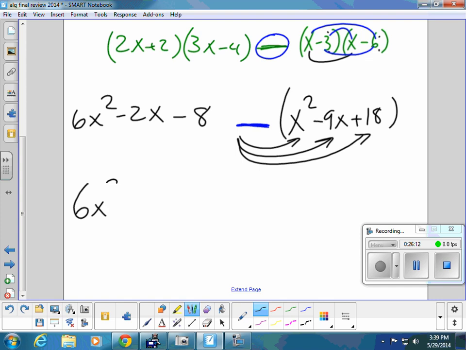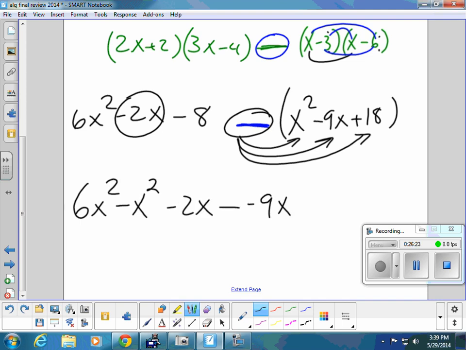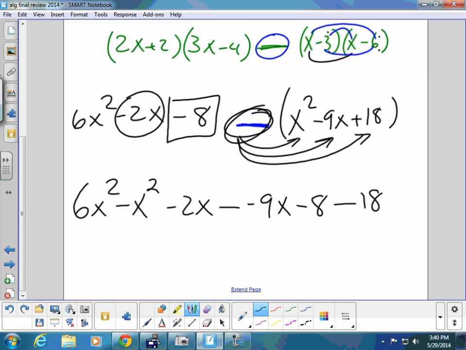So, and I could write it this way, 6x squared minus x squared. And then let's go with the negative 2x minus the minus 9x. And then do the negative 8 minus the 18. Okay, and if you're bad with negative numbers, use your calculator.